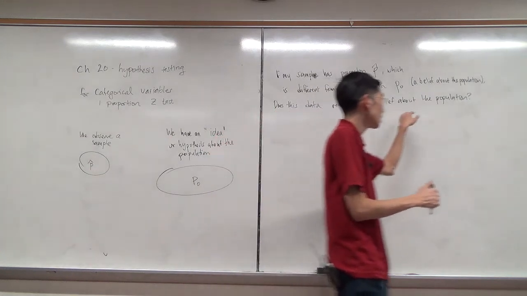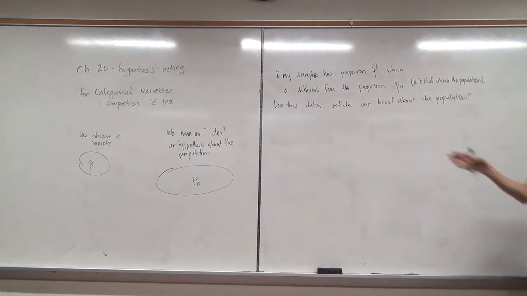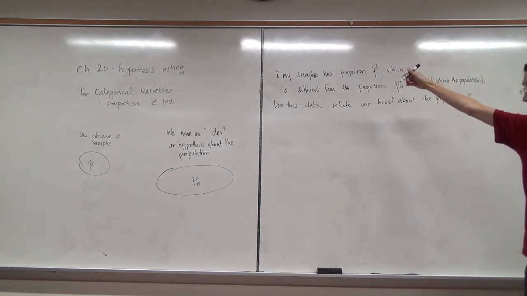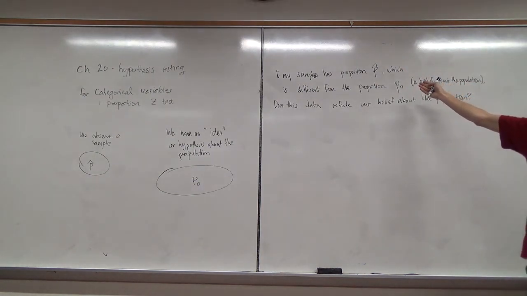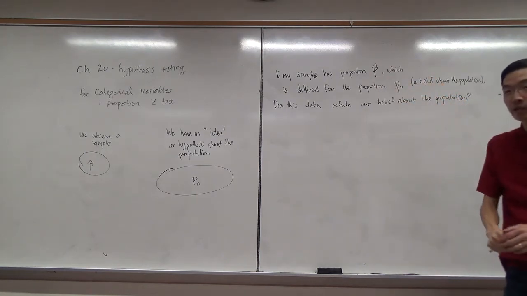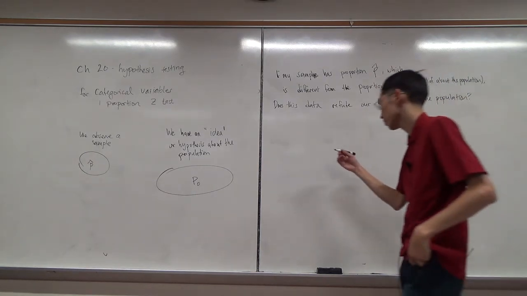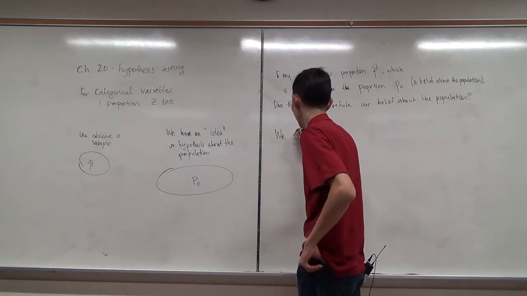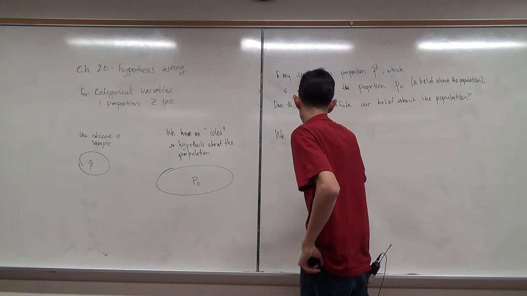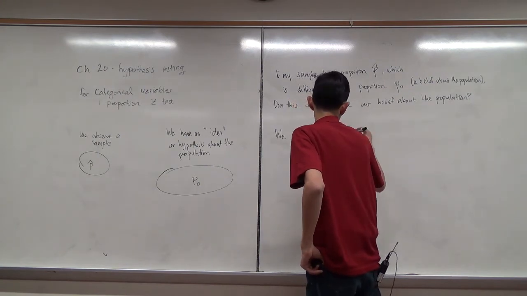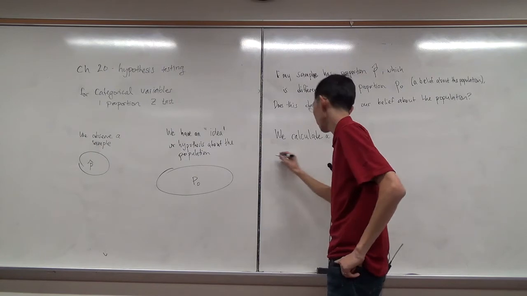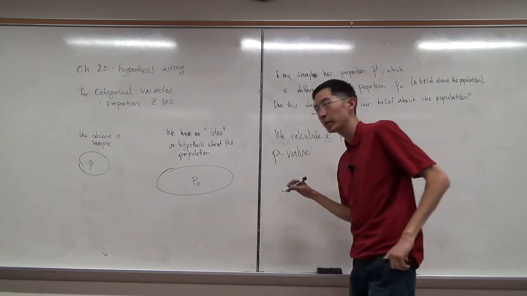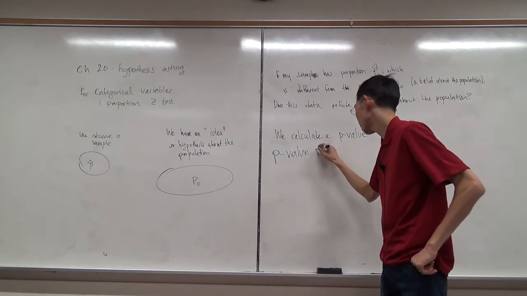So, our conclusion to this question, if my sample has proportion p hat, does that refute p0? This conclusion is based on what we call a p-value. So we calculate a p-value. And what is a p-value? A p-value is a probability.